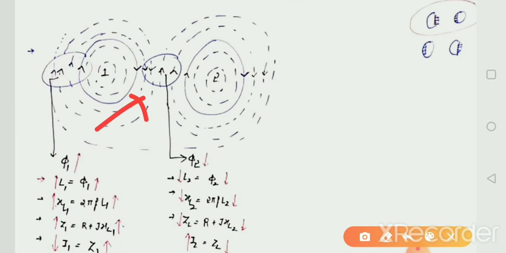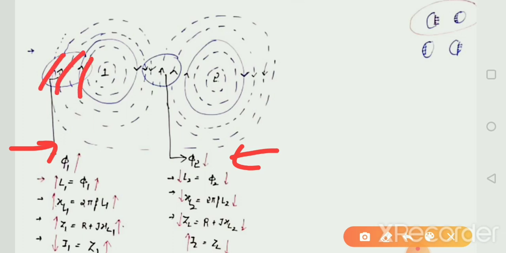If the magnetic flux of one portion is phi 1 and of the other portion is phi 2, then here the flux is less and here the flux is high, because here the current is all in the same direction, or here in some opposite direction.